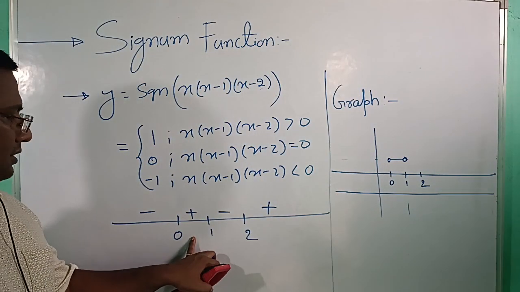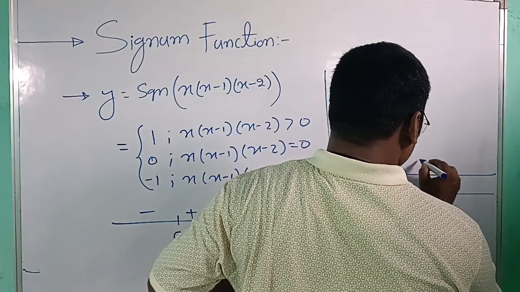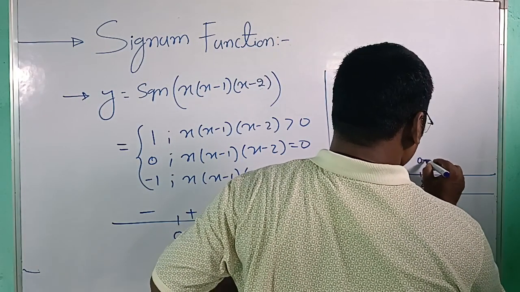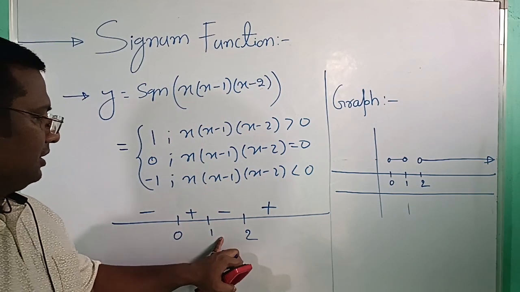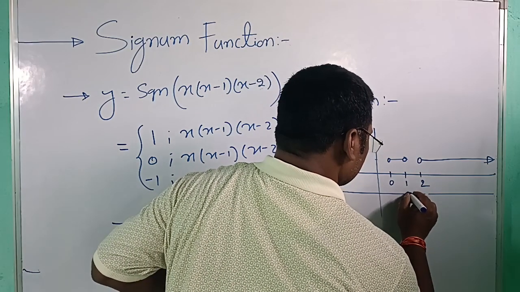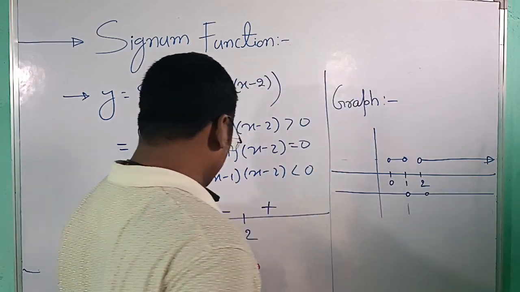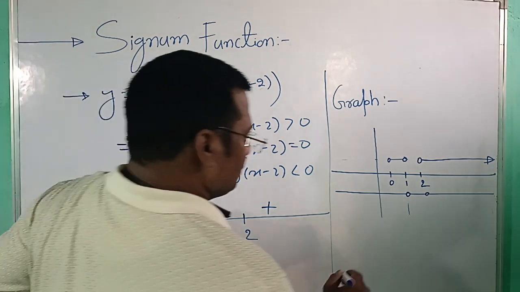Okay, it will be 1 for 2 to greater than... This is the 1. This is minus 1 for 1 to 2. For 1 to 2, this is minus 1. And this is minus 1 for less than 0.